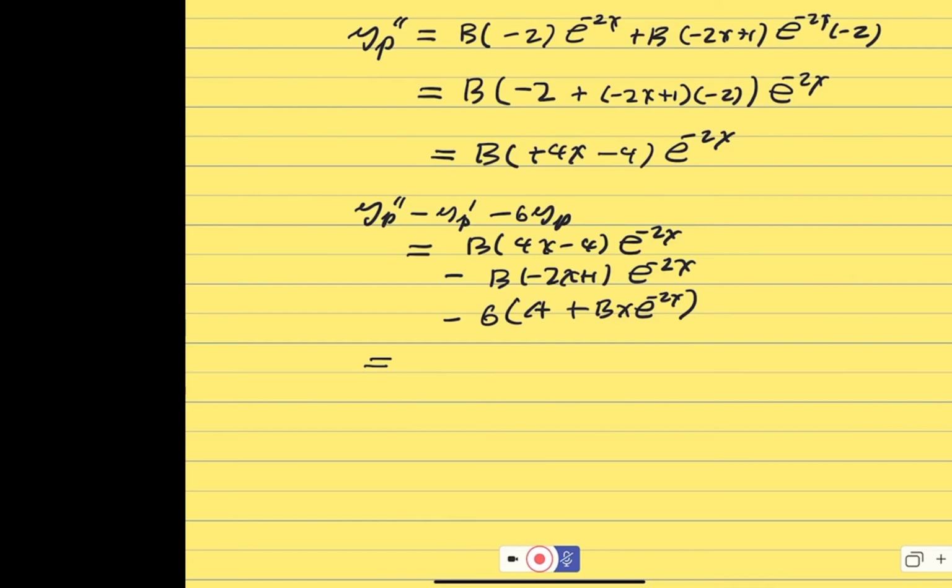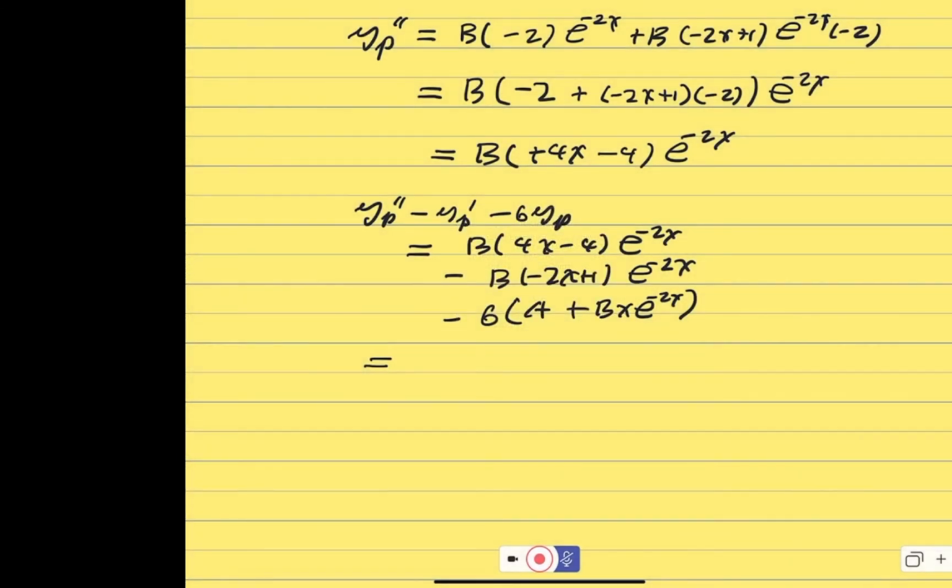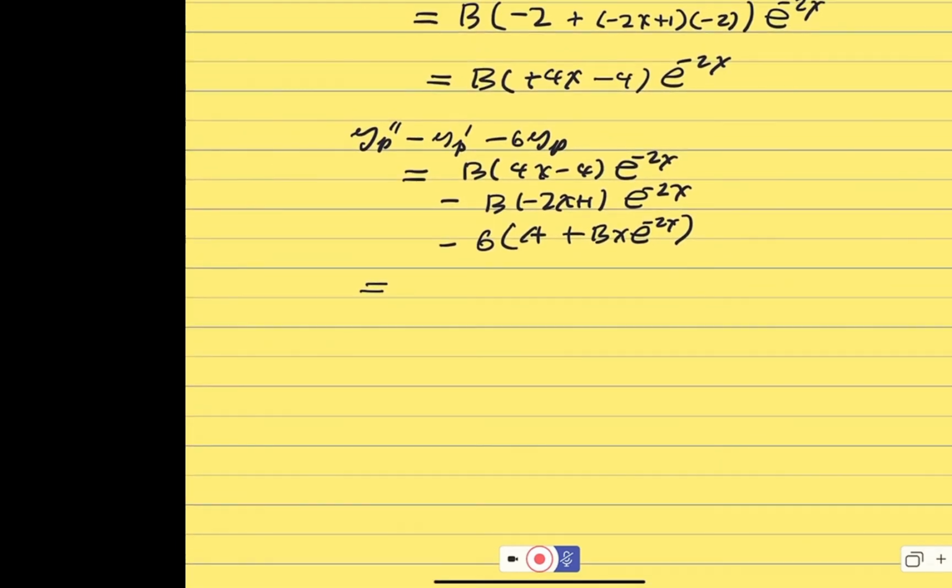Let's just do it the long way. There's only one a term, and it's minus 6a. And let's get the rest of the terms here. I can factor b out. From the first one, I have 4x minus 4.